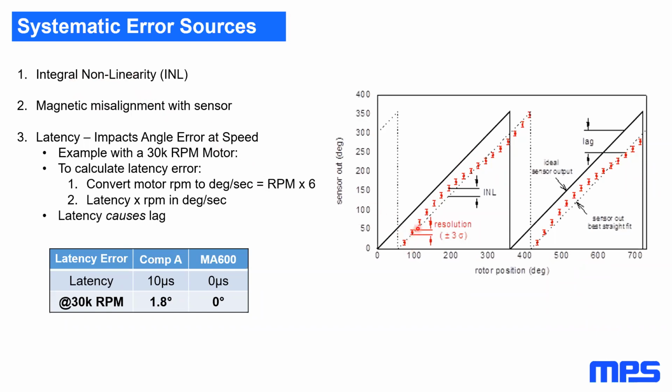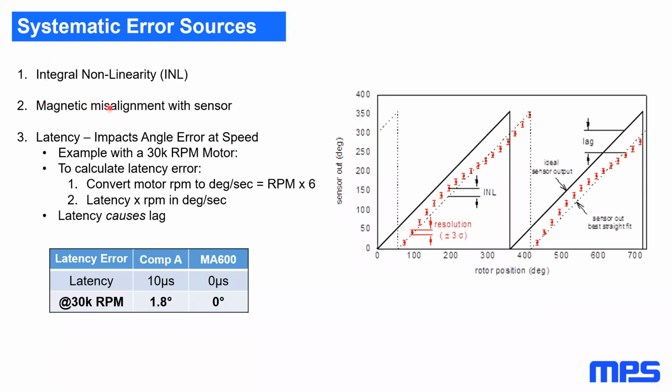INL is the greatest excursion from that straight, perfect line. And there's always an INL intrinsic to any sensor. So it could be on the order of a few degrees, or it could be on the order of some tenths of a degree. The intrinsic INL is then further complicated or increased by any type of magnetic misalignment with the sensor.